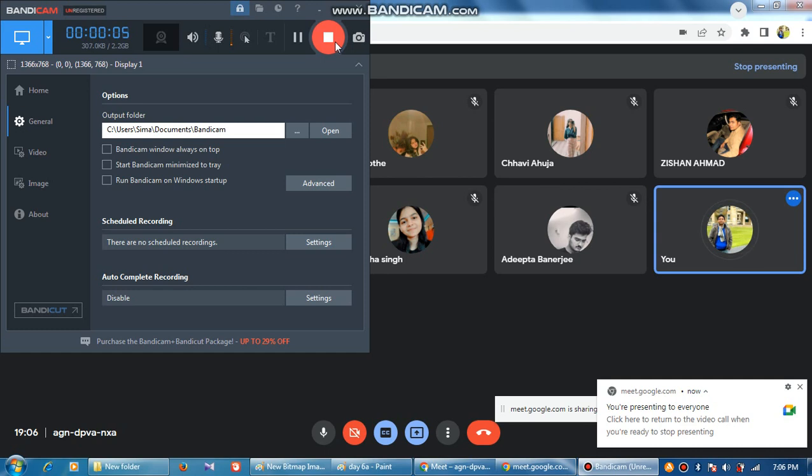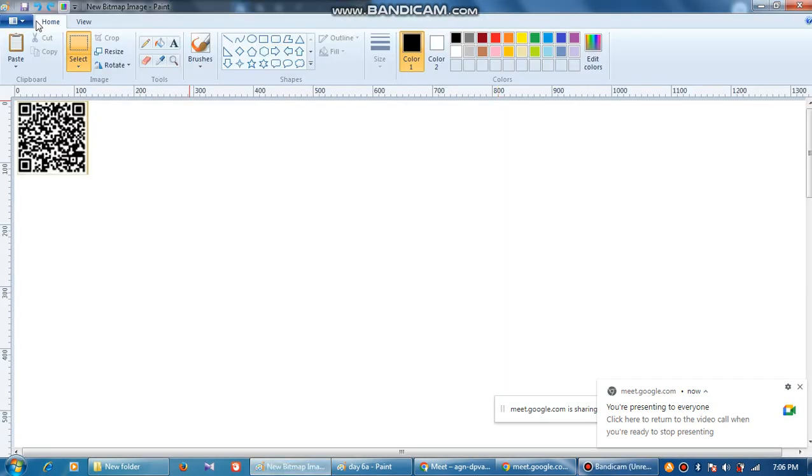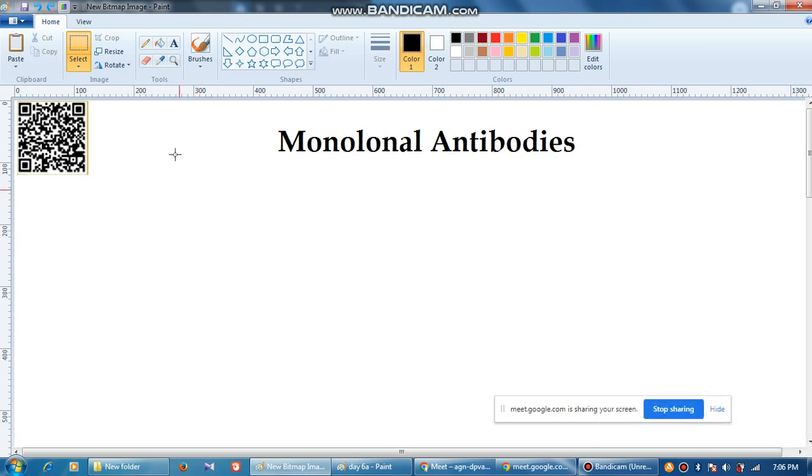Okay, today's discussion is, as I have said, on the topic of monoclonal antibodies. When we talk about monoclonal antibodies, we are essentially talking about antibodies produced from a specific clone of B lymphocytes, or plasma cells.